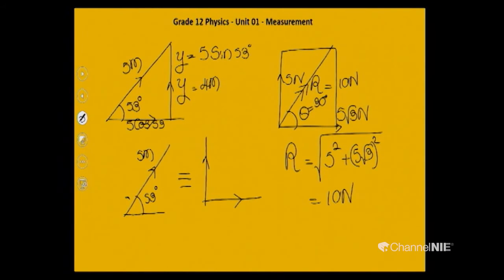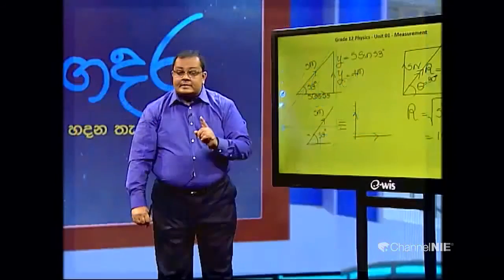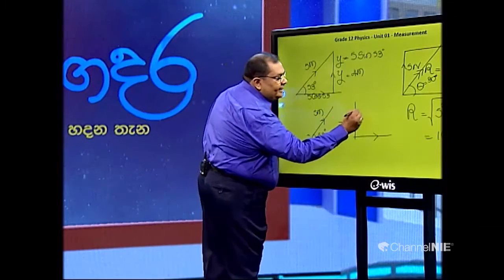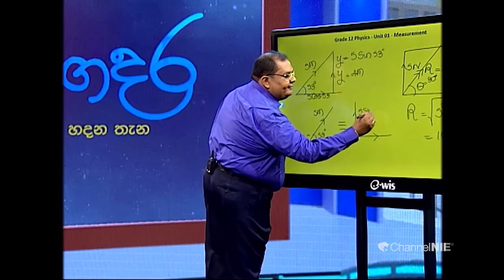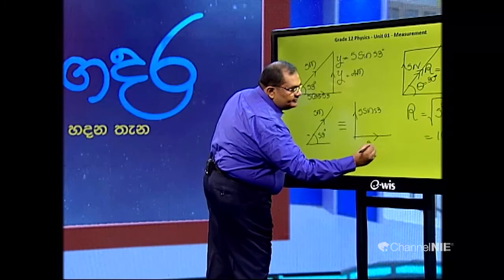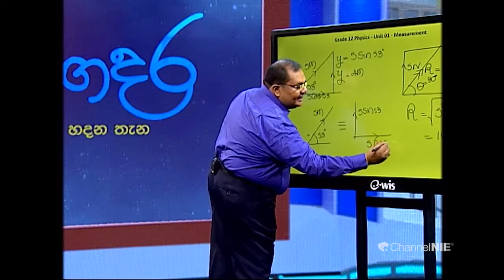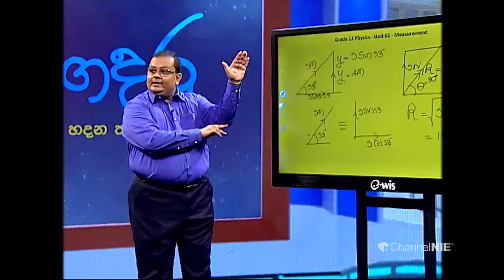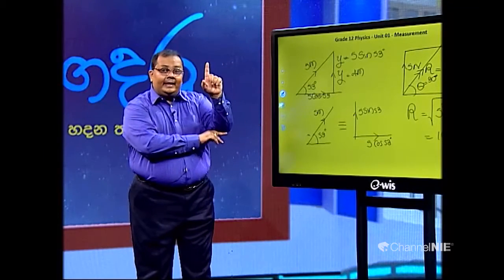How do you find them? 5, opposite we know, opposite sine: 5 sin 53. Same way, and 5 cos 53. You should learn that also. It's very, very important. Then any vector you can resolve horizontally with the arrowhead.